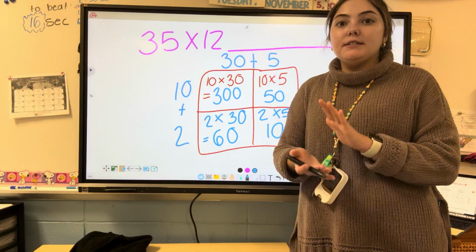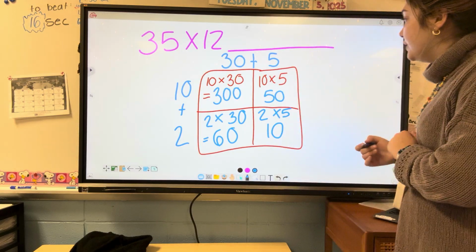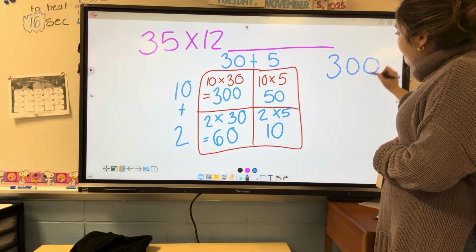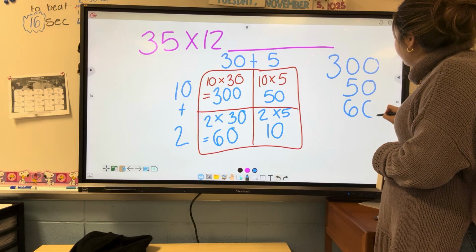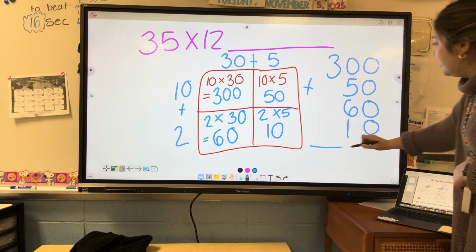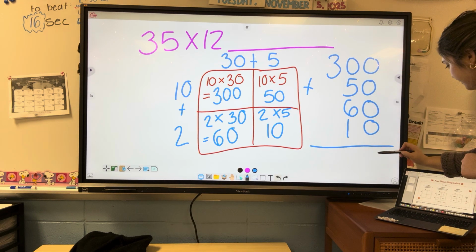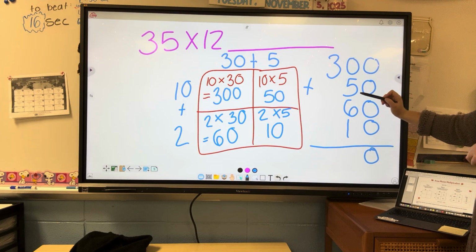My very last step that I will always do is add it all together. Okay? So I have 300, 50, 60, 10. I add it all up together. 0 plus 0 plus 0 plus 0. 0. 5 plus 6, I know is 11.